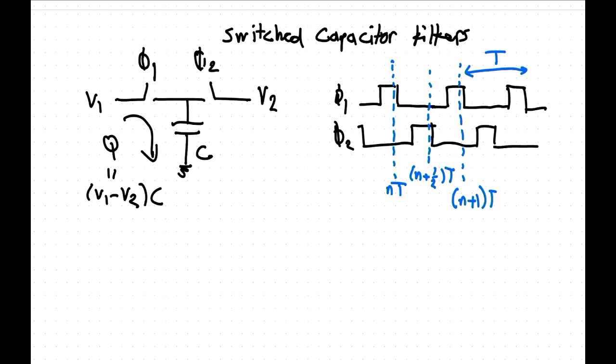Now, if we assume, just for, yep? I was going to ask, are you assuming that the clock is on long enough to charge the capacitor fully? Yes, I am assuming that. This is the normal assumption, completely discharged.